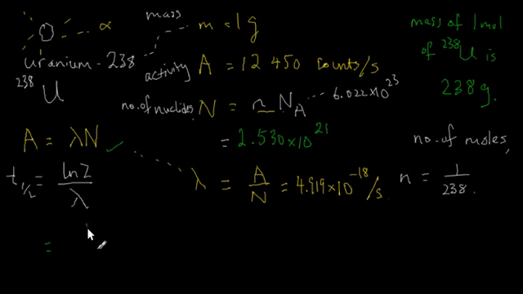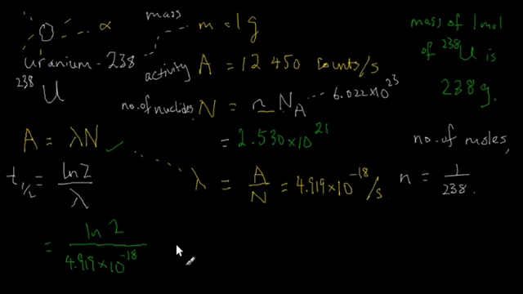So this would be log 2 over 4.919 times 10 to the power of minus 18. Okay, if we work this out, the answer would be in seconds, because lambda is in per second.